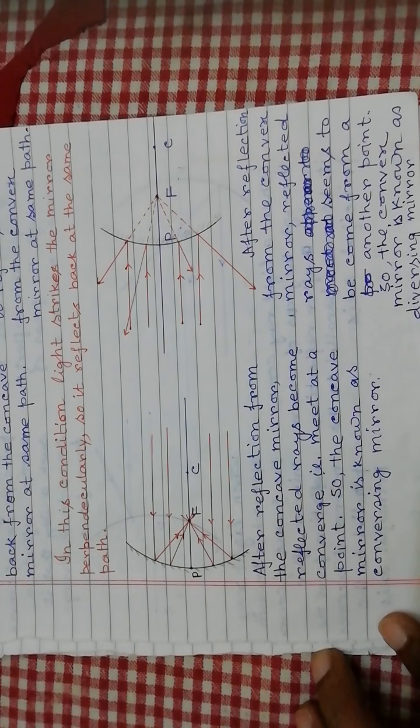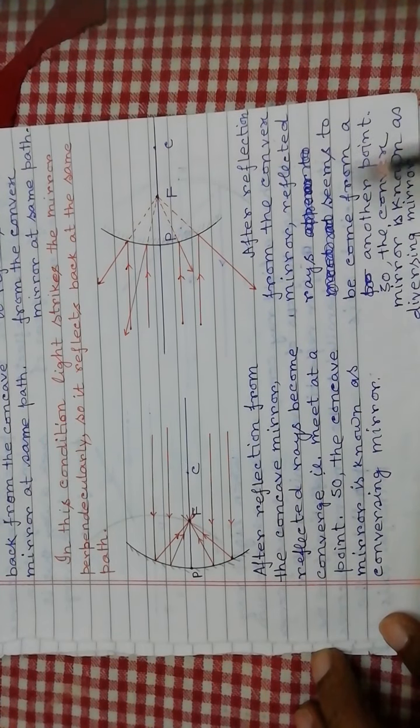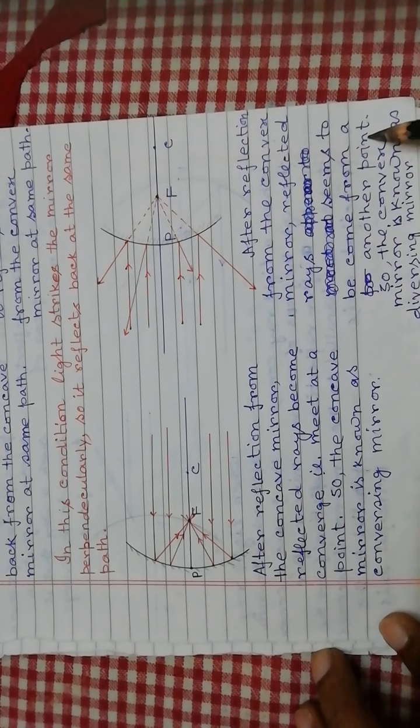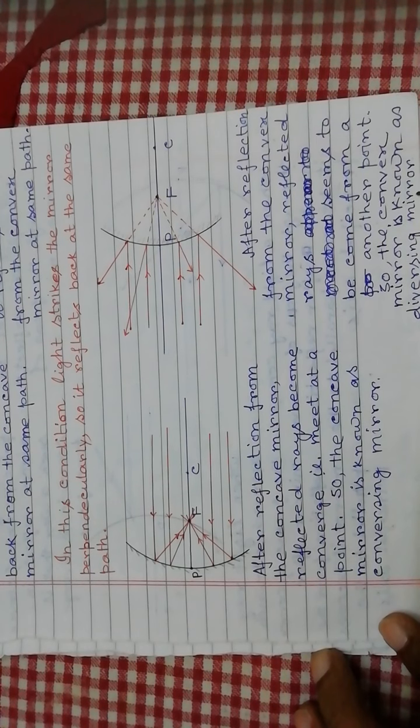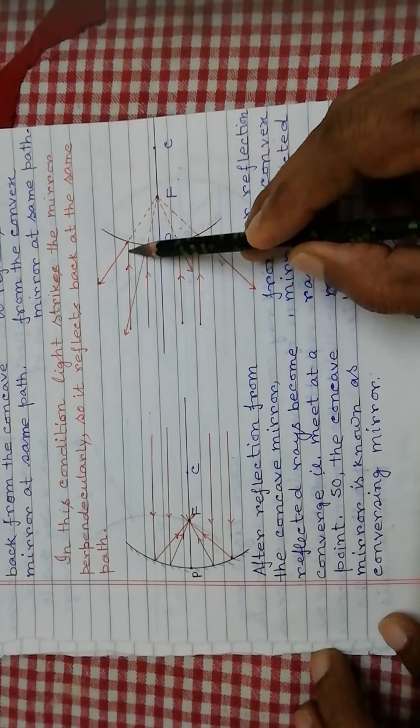Also the convex mirror is known as the just opposite, the diverging mirror, because after reflection the reflected rays diverge, spread out. After reflection from the convex mirror, reflected rays seem to come from another point, that means they become diverged. So here these are the incident rays.